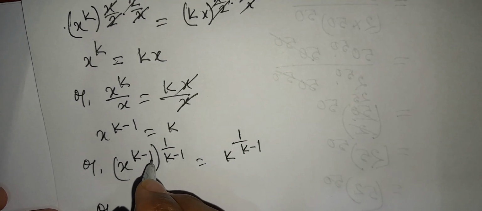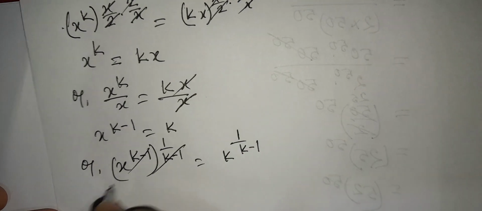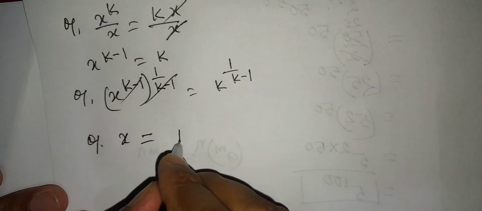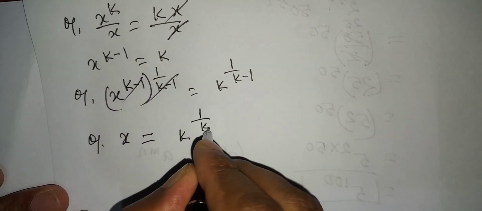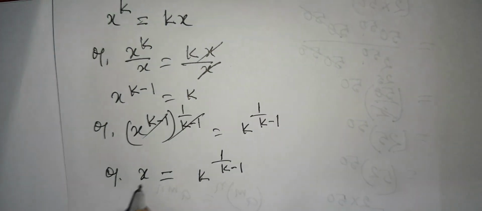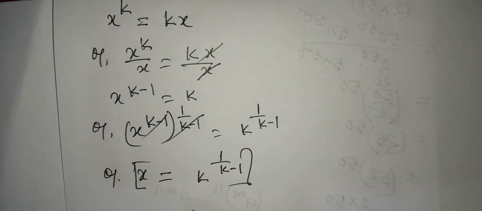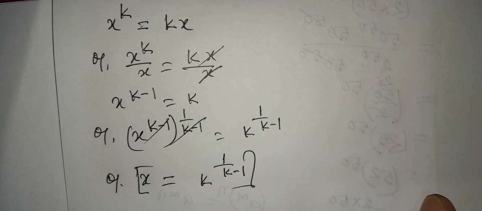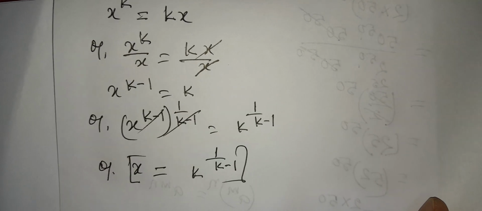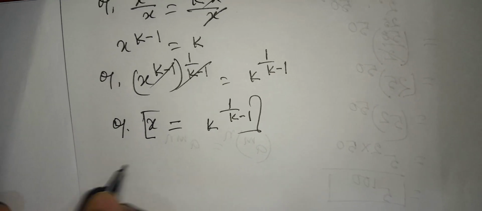So here cancel k minus 1 and k minus 1. We can write k to the power 1 by k minus 1. It is the value of x.